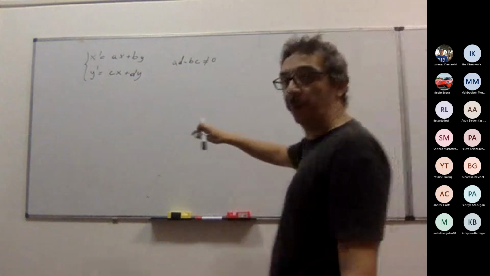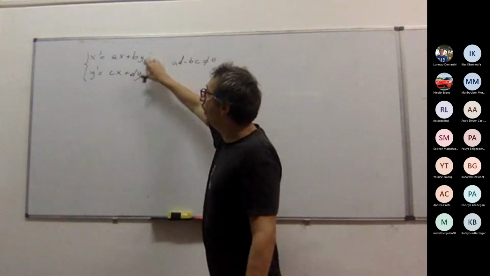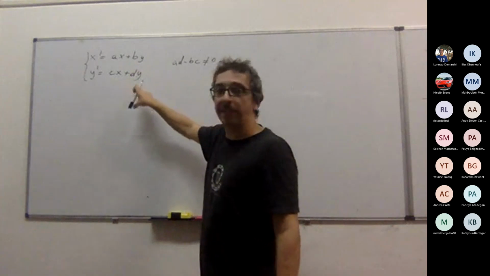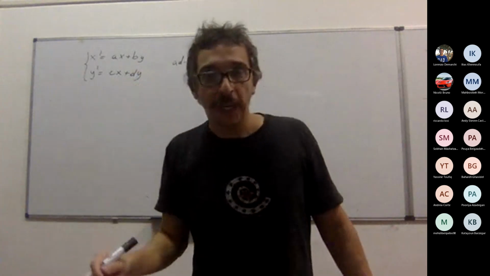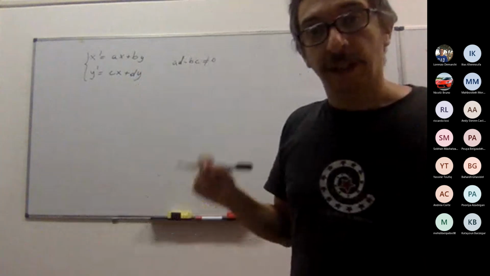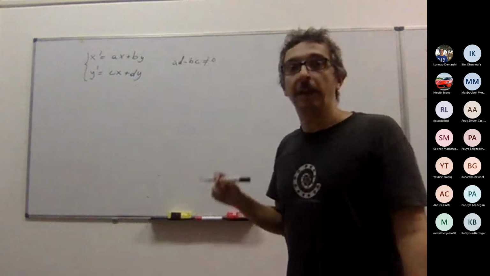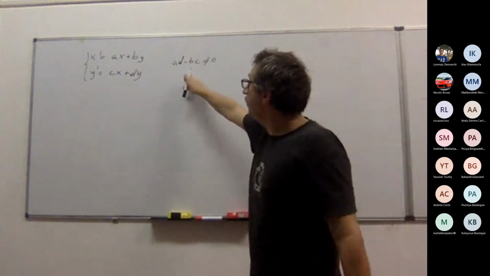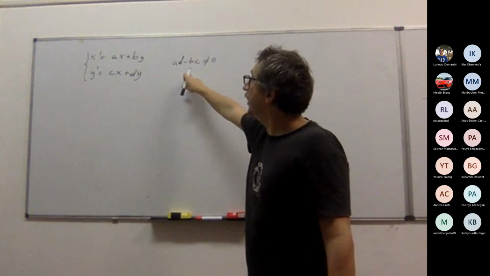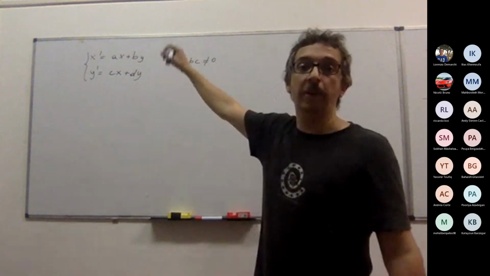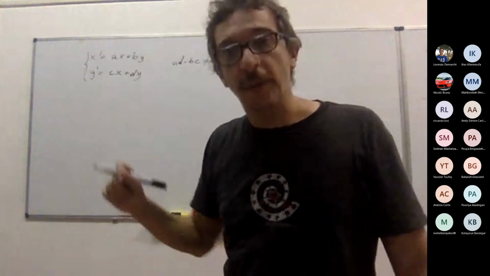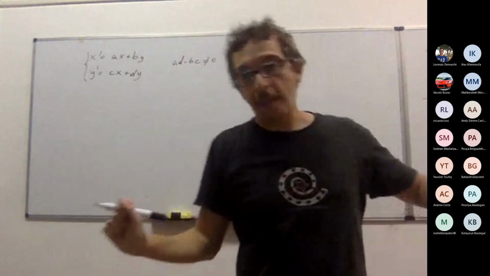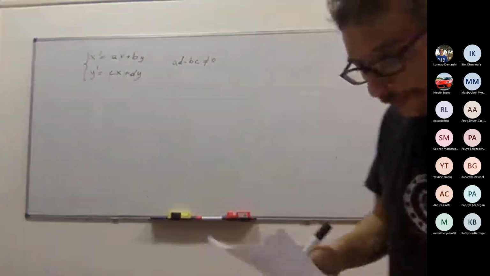Why? Because the critical point is given by the system ax plus by equal to 0 and cx plus dy equal to 0. And I know that this system has solutions. Actually, there is a single solution if the determinant of the matrix of the system is different from 0, which is actually the case by hypothesis, by assumption.